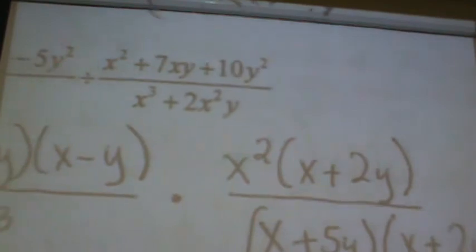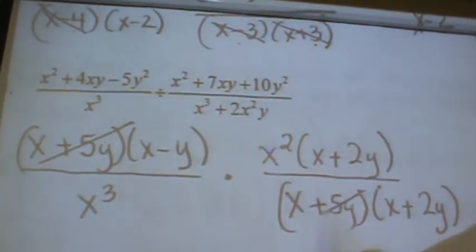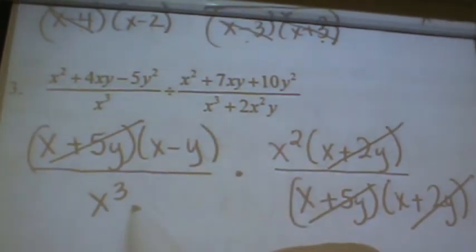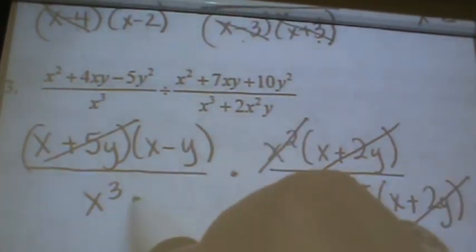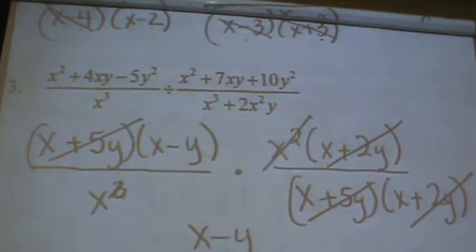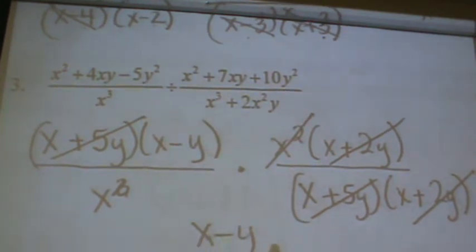So what cancels? These two cancel, and these two cancel. 2 of the x's with 2 x's cancel here. So you have an x left, so your answer is x minus y over x. Do not cancel these 2 x's. These two are stuck together. You cannot separate these.